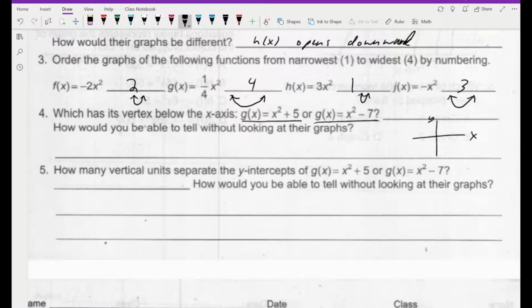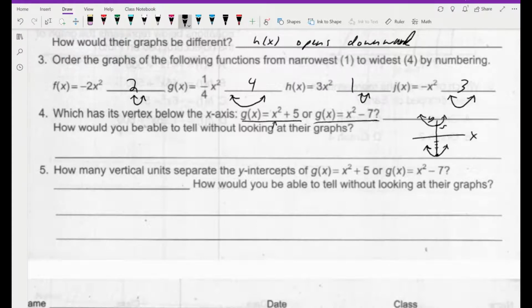Well, the x squared plus 5 would look something like this. Instead of a vertex at 0, 0, the vertex is at 0, comma 5. If we plugged in 0 for x, we would get y equals 5. Now, the x squared minus 7 would be down here. So which vertex is below the axis?